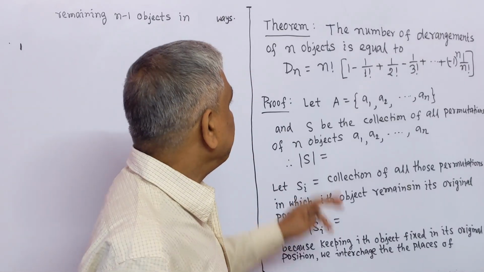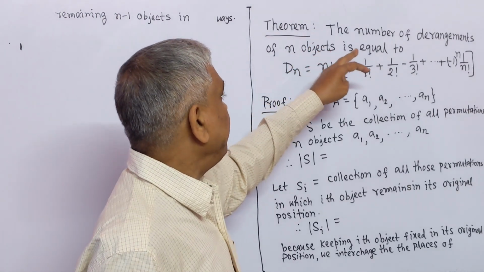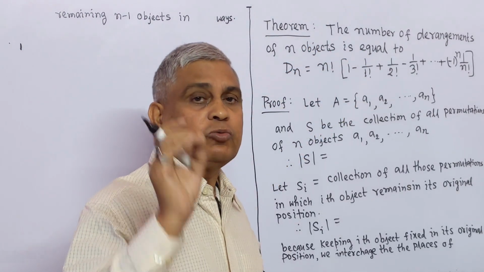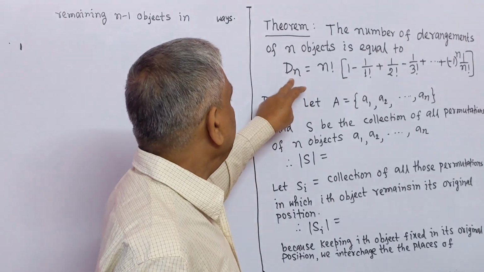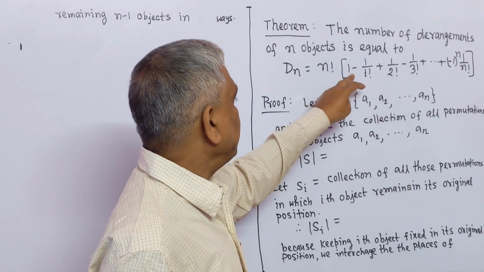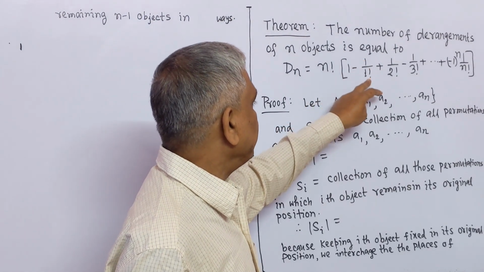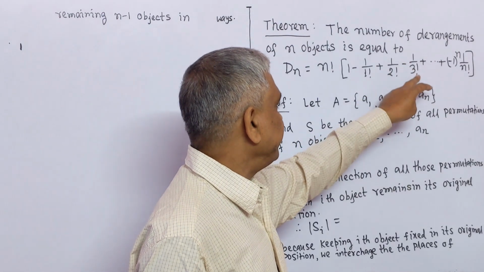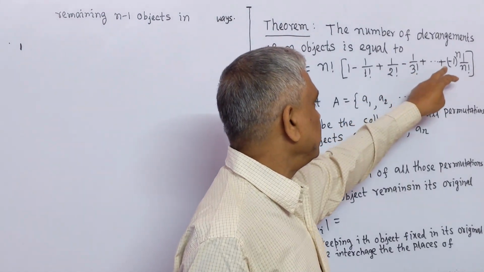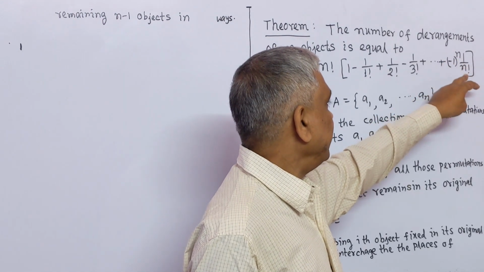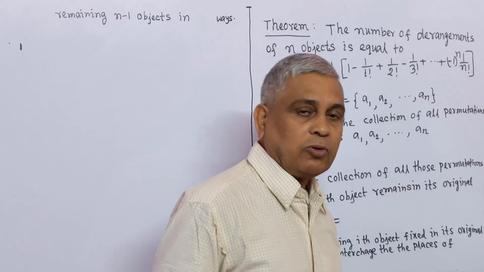Now we prove a theorem. The theorem: the number of derangements of n objects is Dn = n! [1 - 1/1! + 1/2! - 1/3! + ... + (-1)^n 1/n!].